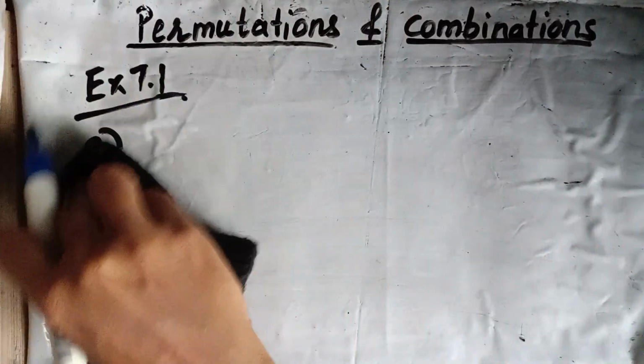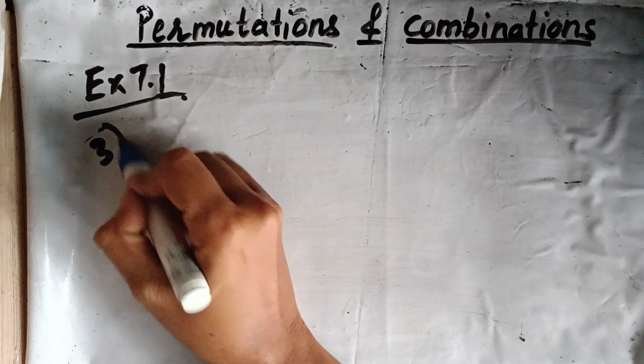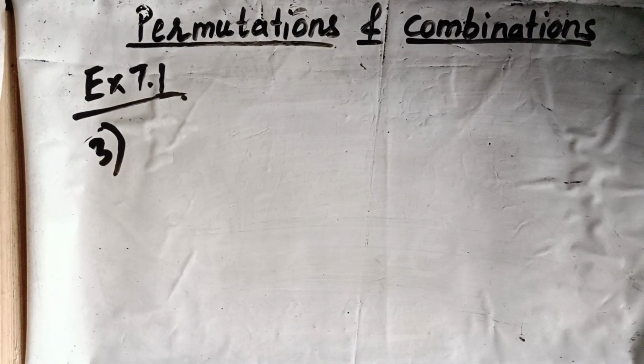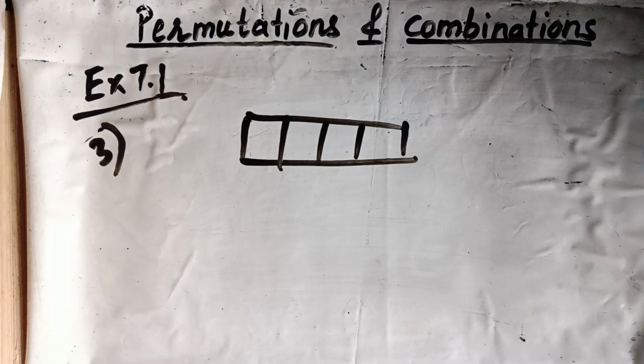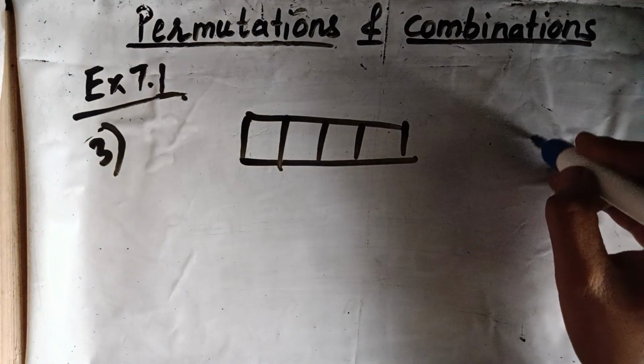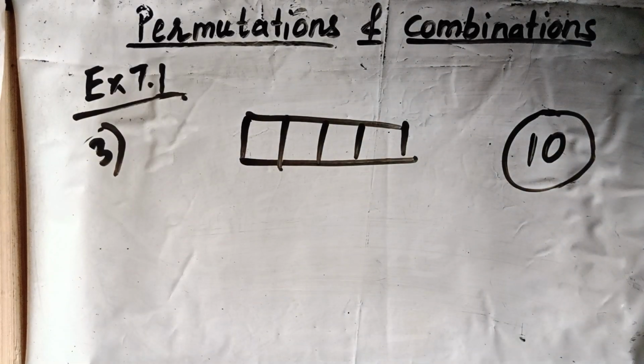Next question. How many 4-letter codes can be formed using the first 10 letters of the English alphabet if no letter can be repeated? 4-letter. Using the first 10 letters of the English alphabet, we have 10 choices.